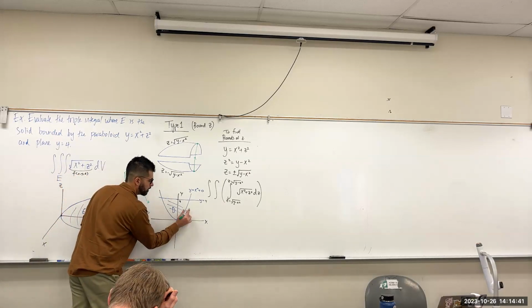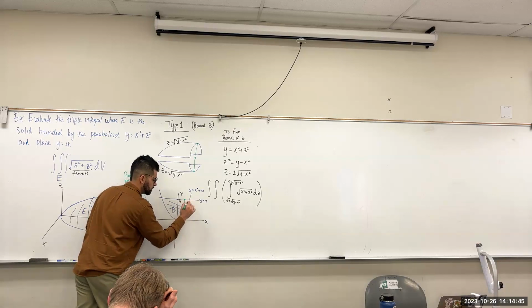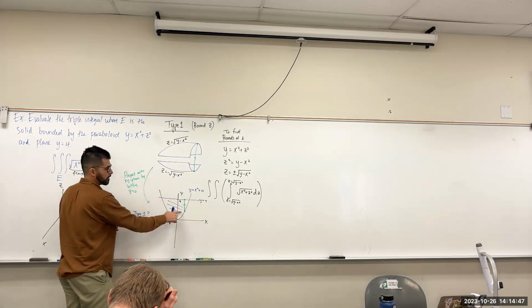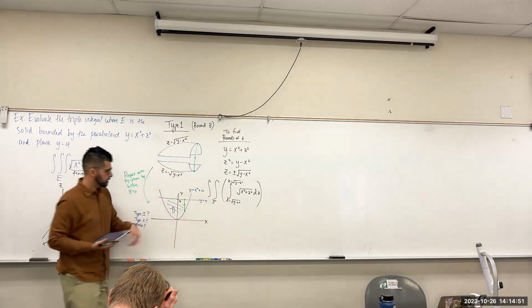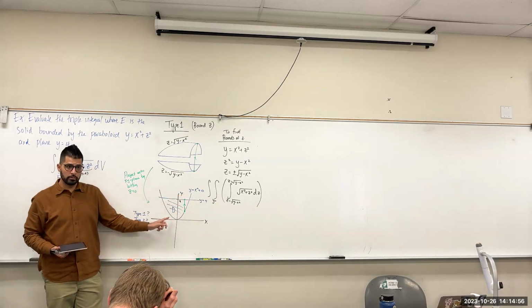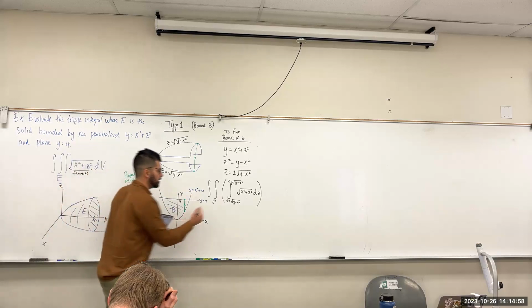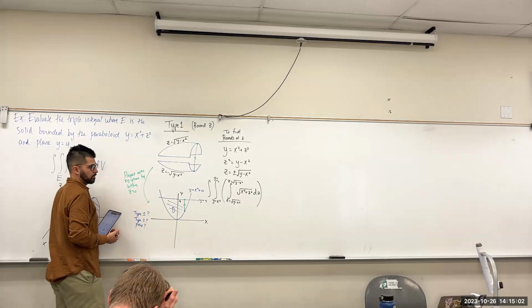I'm going to do type 1, like you guys have been doing in your homework. So now I'm going like this. So therefore, y is going to be bounded below by the parabola, which is just y equals x squared, and then bounded above by 4.